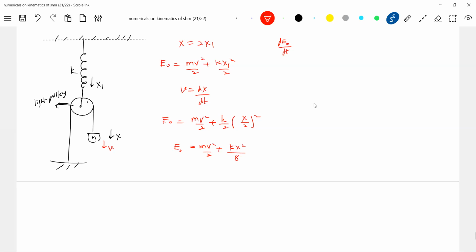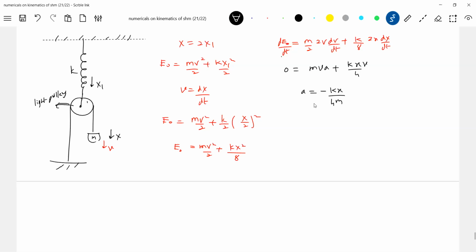Let me differentiate this. dE naught by dt is equal to m by 2 times 2v dv by dt plus k by 8 times 2x dx by dt. We know in SHM mechanical energy remains constant, so this will be 0. So m v a equals kx by 4 into v. v gets eliminated, so a equals minus kx by 4m.